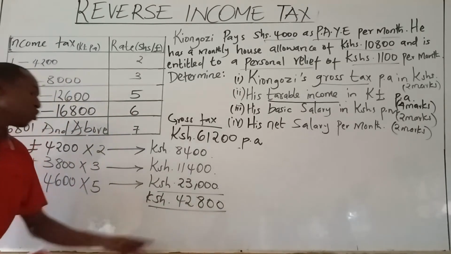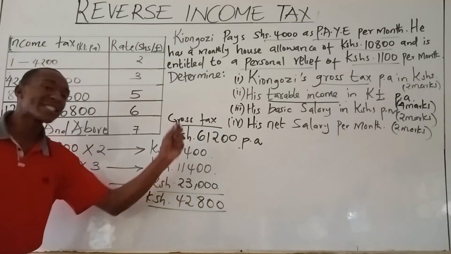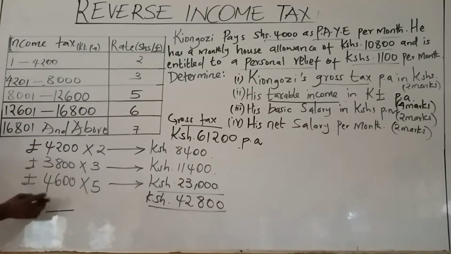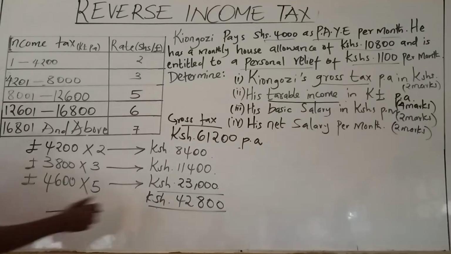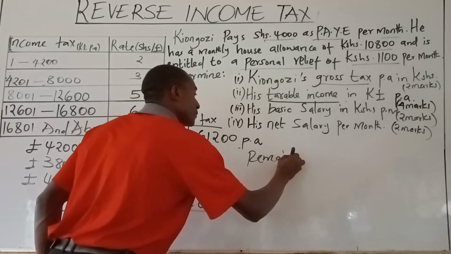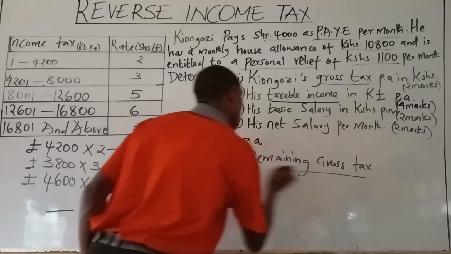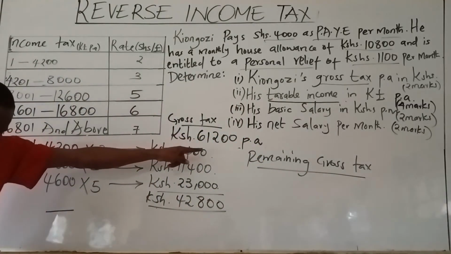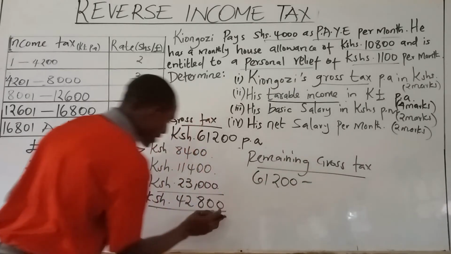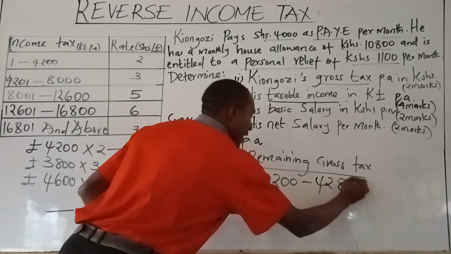So you have 42,800, and remember you have a total of 61,200. You must look for the remaining gross tax, so that now our question will be looking at the number of pounds in the last slab. So the remaining gross tax, we'll say 61,200 subtract the total that we have here, 42,800.